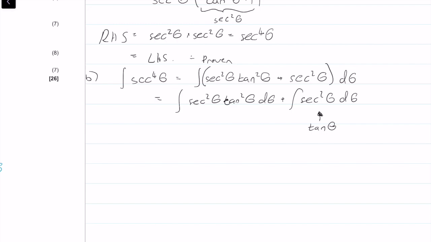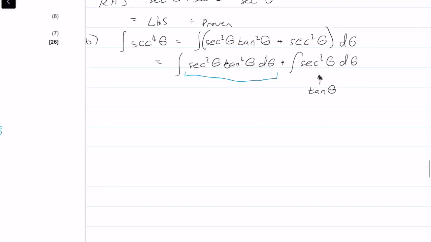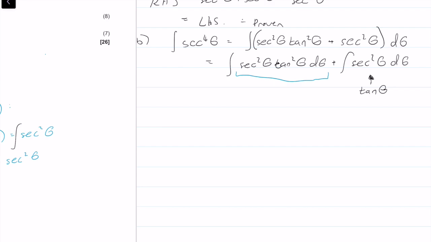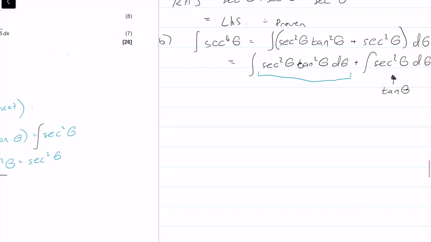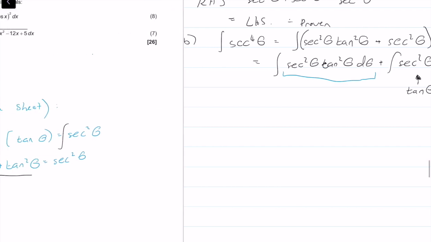So now we have to look at this part right here. This is a very interesting thing, because what we have here is basically a product rule. We can use this same note before, but you have to look for a pattern: what if we used tan cubed theta?